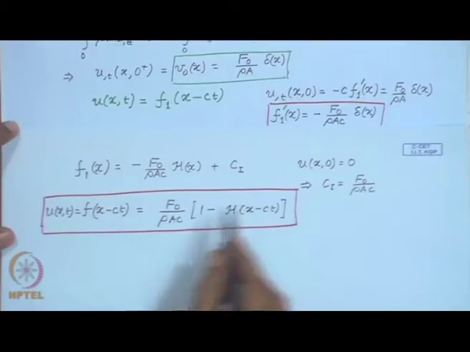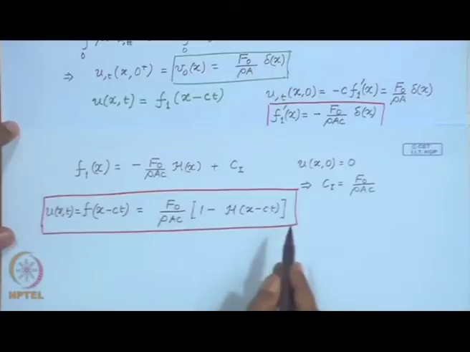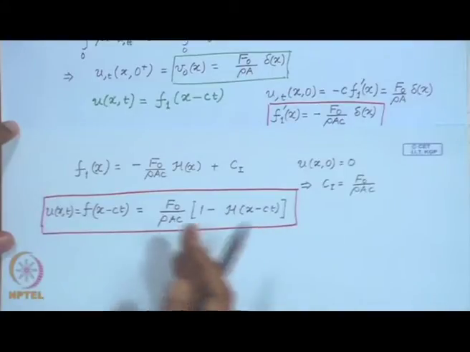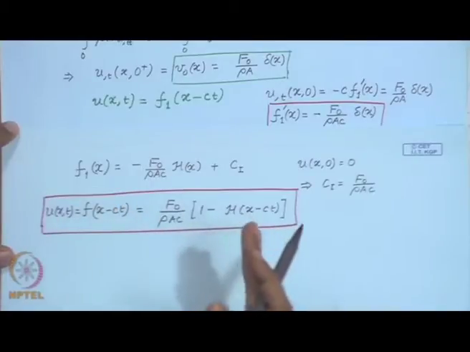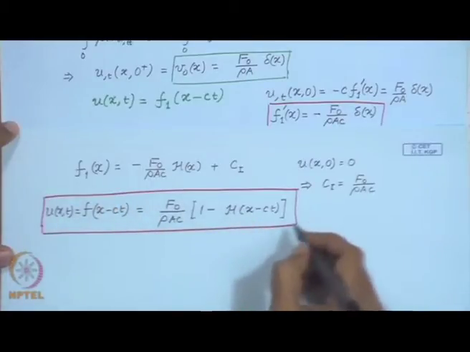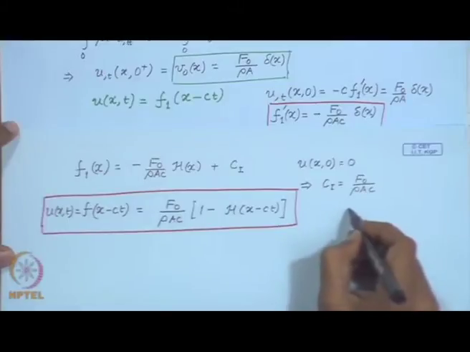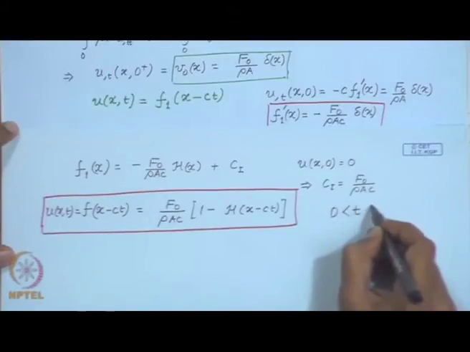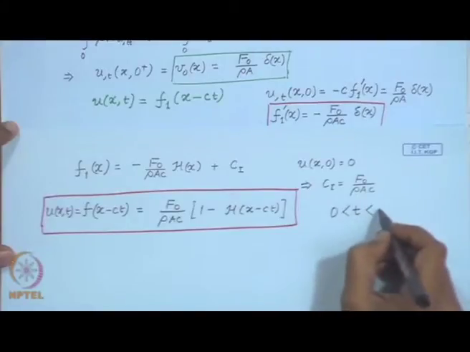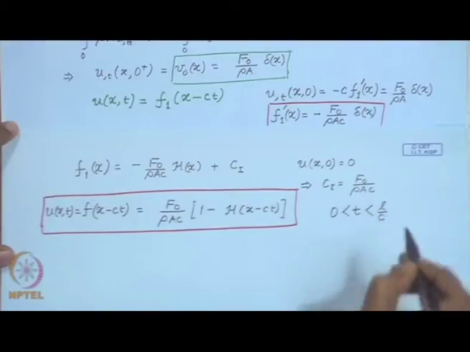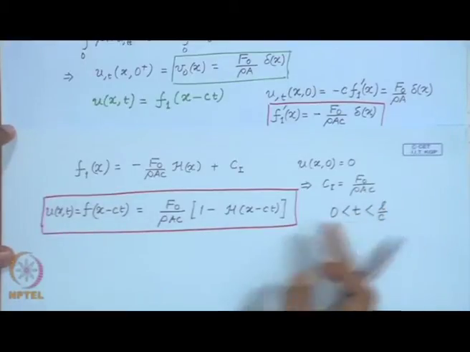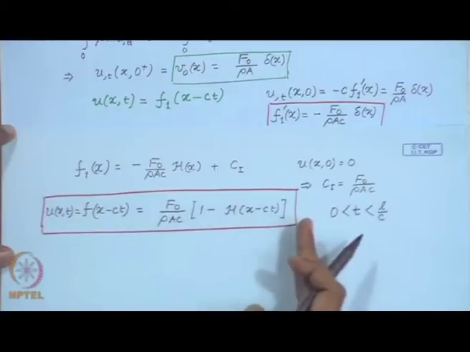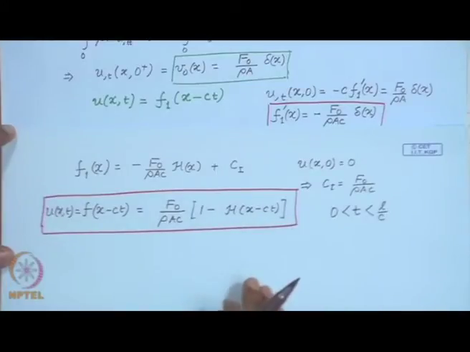But remember that this solution is valid only as long as this wave has not reached the right boundary of the bar. So the validity is from 0 plus to L over c, which is the time taken for the wave front to reach the right end of the bar.